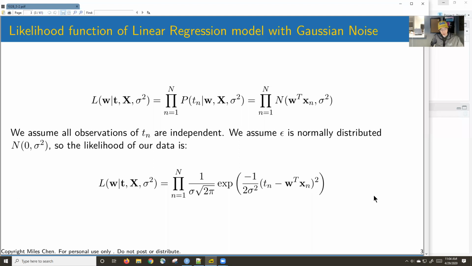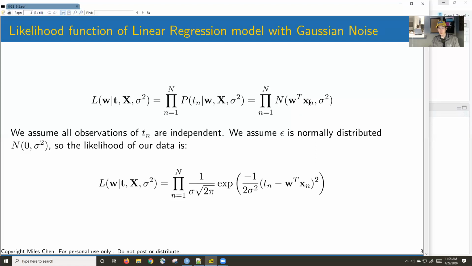We said we are going to look at multiple linear regression, and in multiple linear regression, we assume that the observed data will come from a normal distribution centered at our predicted value. Our predicted value is the product of our weight matrix, W transpose X of n, for observation n.